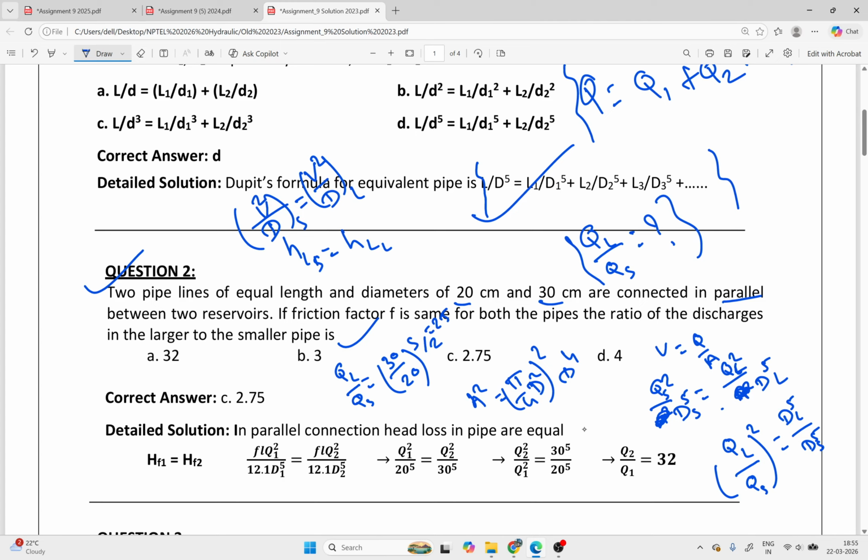So after the calculation you will get 3.2. Option A is okay, so here 3.2 is coming, and the correct answer is 2.75. Or let me correct you, let me just solve it: 3 by 2 to the power 2.5 means 1.5 to the power 2.5.